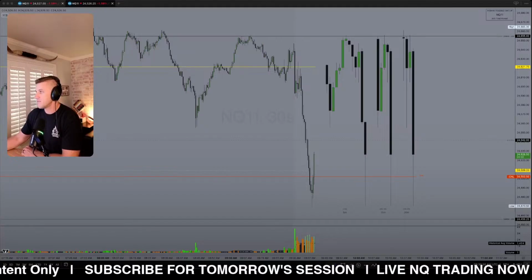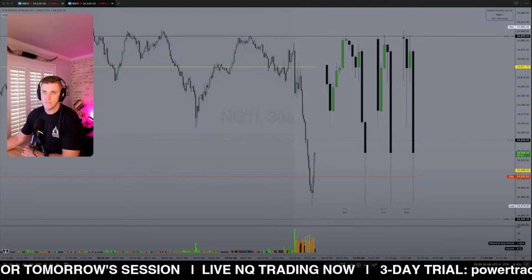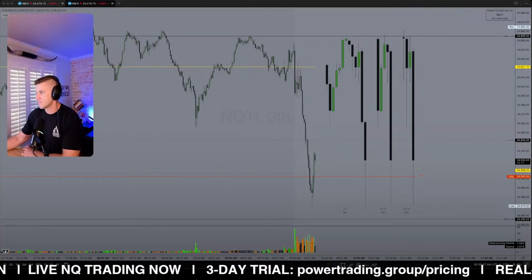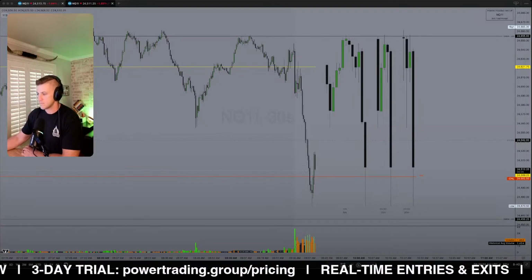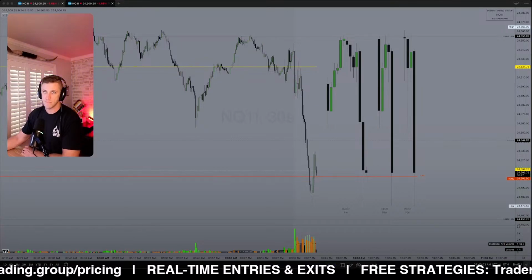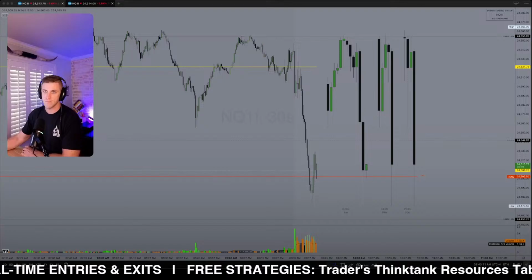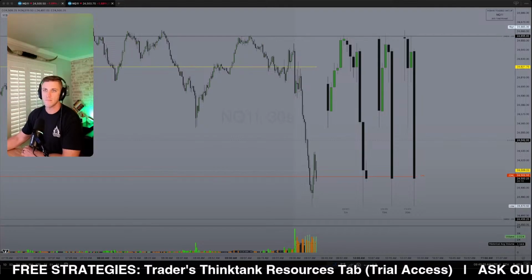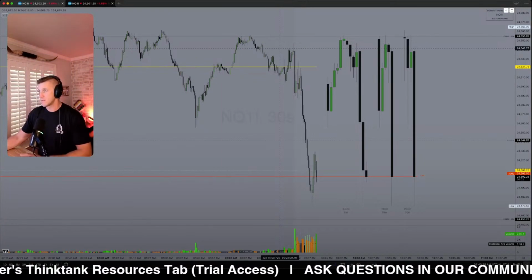Little bounce from that overnight low area so far, 450 area. Let's see, was that maybe the 38% fib?